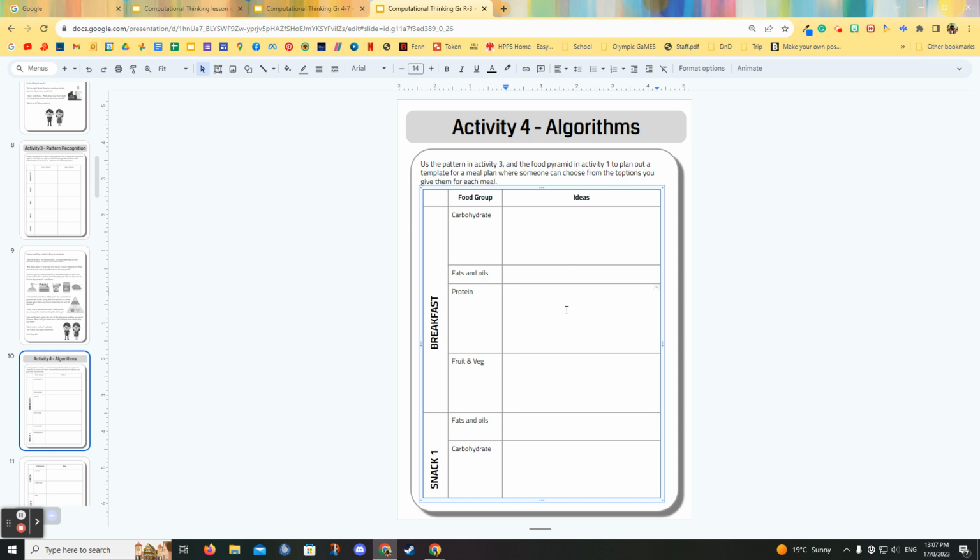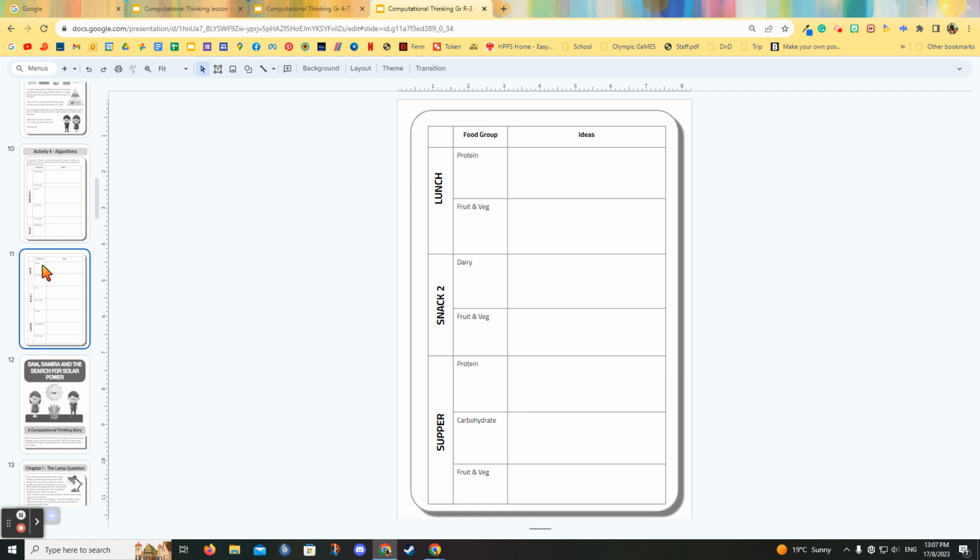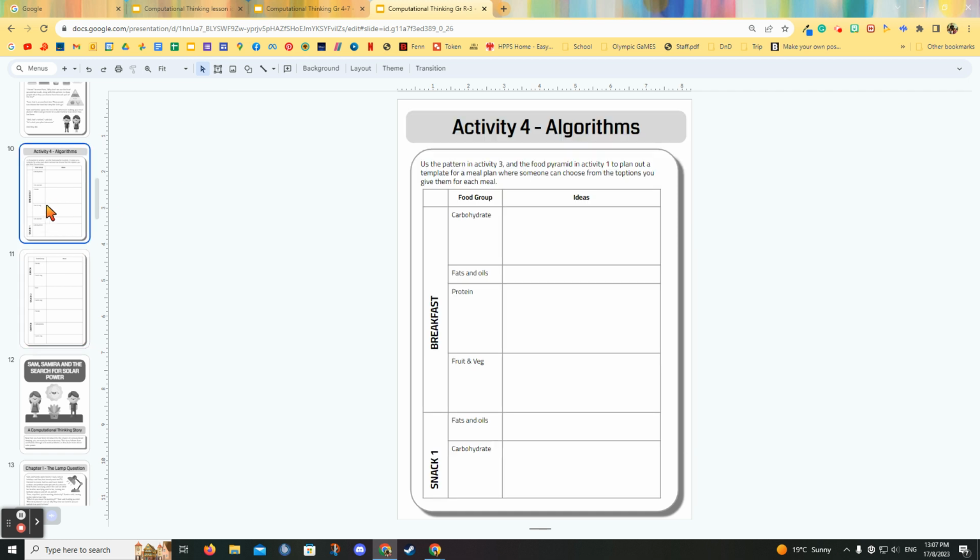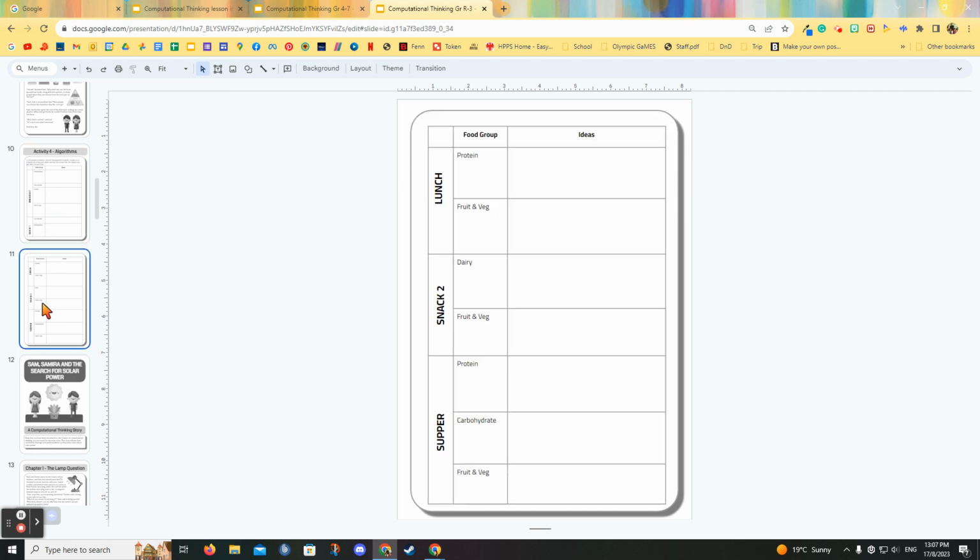Learners can plan what carbohydrates they're going to have in the morning, what fats and oils, what protein, and what fruit and veg. In doing that, they can plan out a healthy meal system for the day.